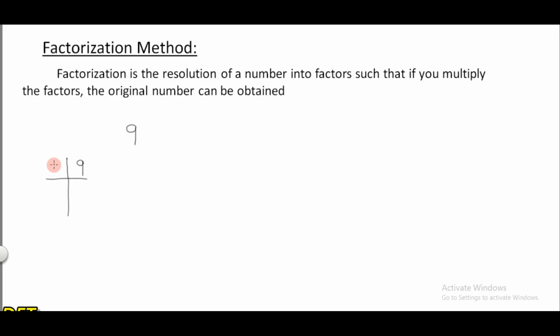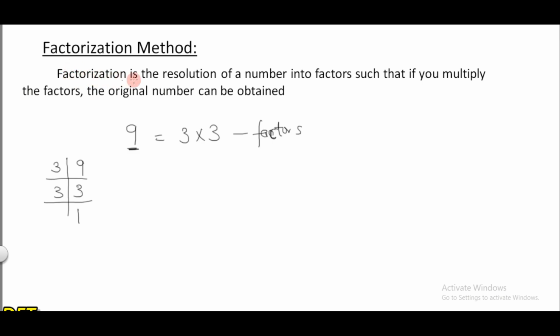What can divide 9? 3 can divide it. 9 divided by 3 gives 3. Then what can go again? 3 can go. 3 divided by 3 gives 1. So the factors of 9 are 3 times 3. We have resolved 9 into factors, and when we multiply these factors, we get the original number, which is 9.